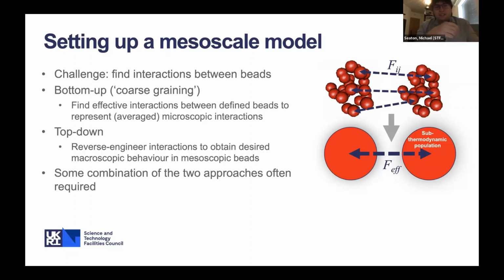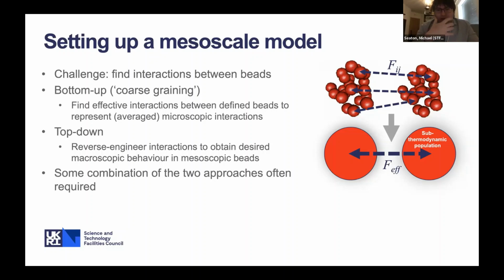The other approach is a top-down approach, where we have some macroscopic behavior we want to replicate. So we choose our interactions, or reverse engineer them, to obtain that required behavior in those mesoscopic beads.